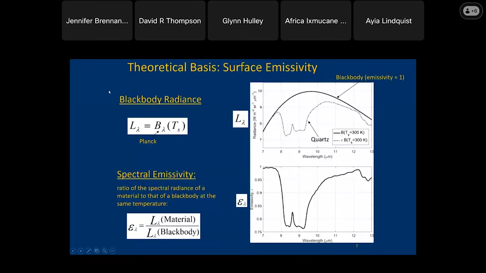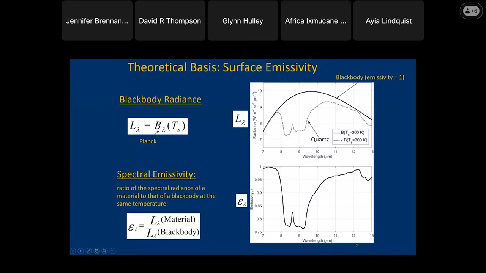So then what is emissivity? If we know what the radiance is, for example, on the top right plot here, we can see we've plotted the radiance of a black body. This is with the assumed emissivity of 1 at about 300 degrees Kelvin. But if we plotted the same radiance of a different type of material, for example, quartz, which has a very specific feature here between about 8 and 10 microns, called the quartz reststrahlen band, you can see that they're quite different.